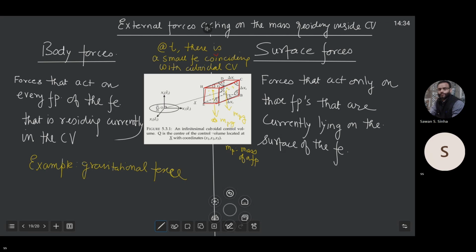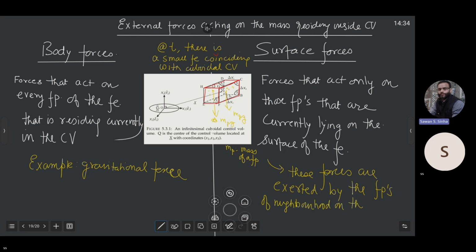And just to complete it, these forces are exerted by the fluid particles of the neighborhood on the fluid particles of this fluid element.